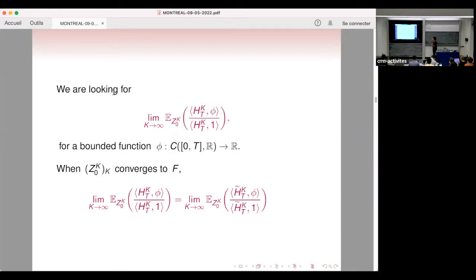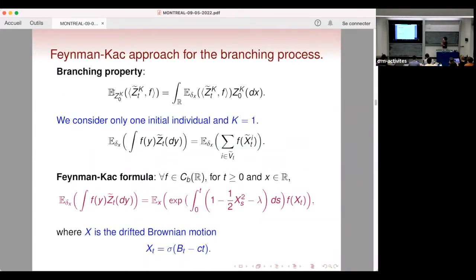And now we will compute what this limit is. So what is the interest of coupling with branching processes? Of course, it is the branching property, which allows us to escape the initial condition in a certain sense, since the branching property gives some linearity with respect to the initial condition, which you can see from this expression.